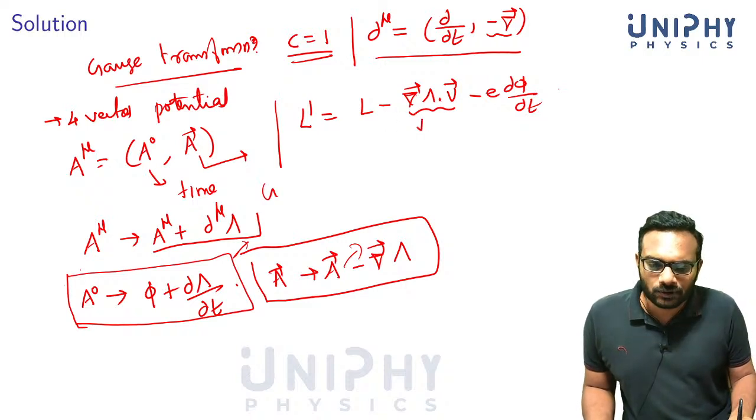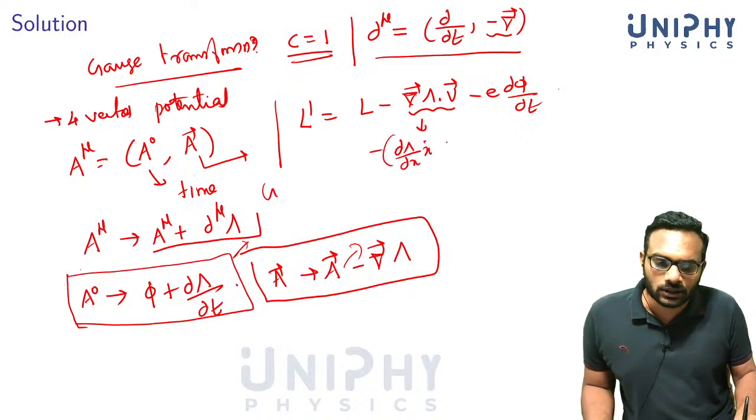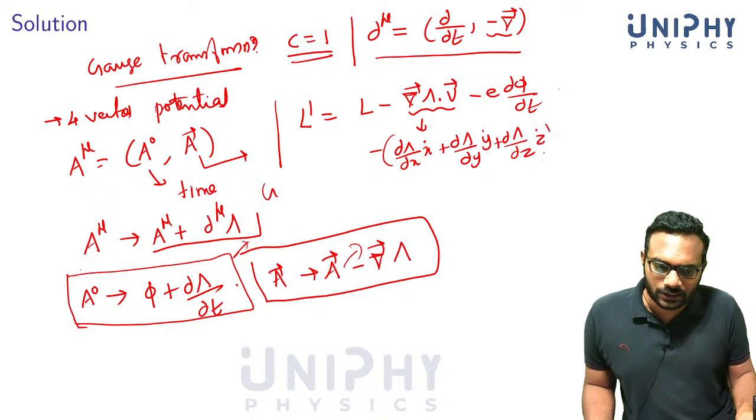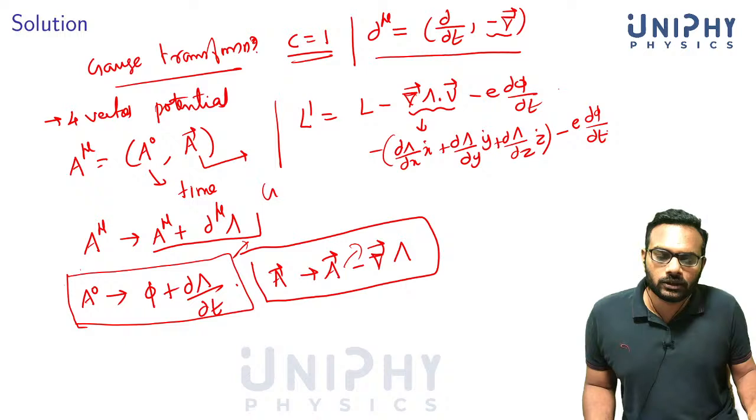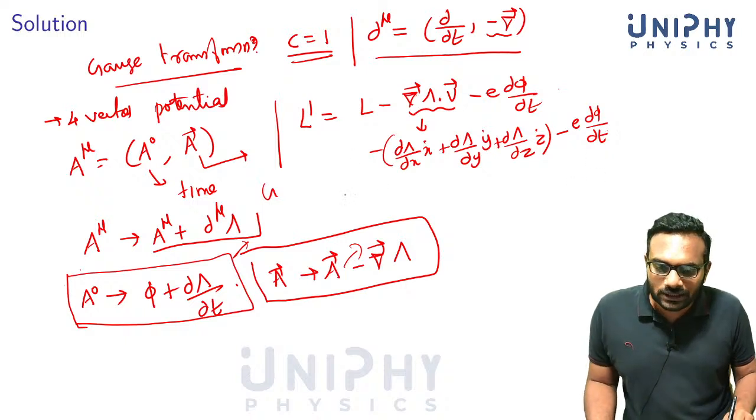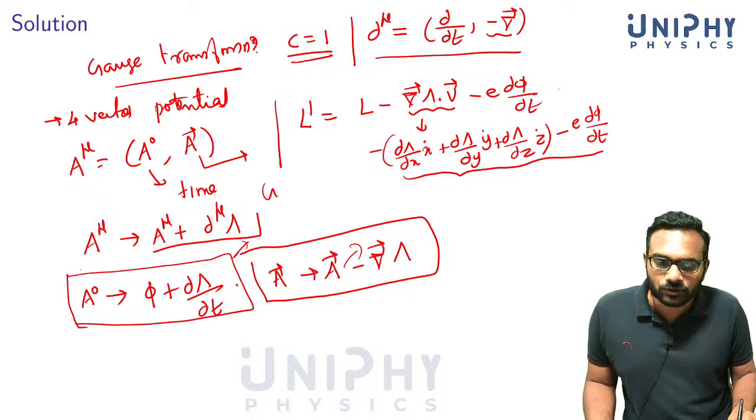The components of this are ∂λ/∂x, x dot, plus ∂λ/∂y, y dot, plus ∂λ/∂z, z dot, and ∂λ/∂t. There is no problem there. Now, what is this? This is known as the total derivative of λ with respect to time. These are due to the implicit dependence on time, because x, y and z depend on time.